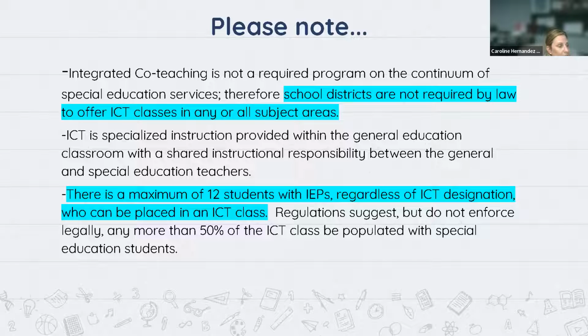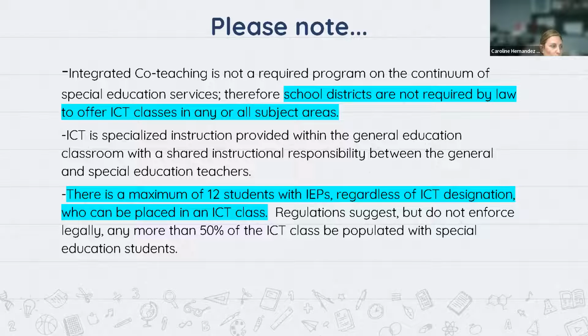There is a maximum ratio where you can only have 12 students with IEPs, regardless of the type of ICT class, supported in any one class at a time. There are regulations that suggest, but do not enforce legally, that there should be no more than 50% of the ICT class populated with special education students or students with disabilities.